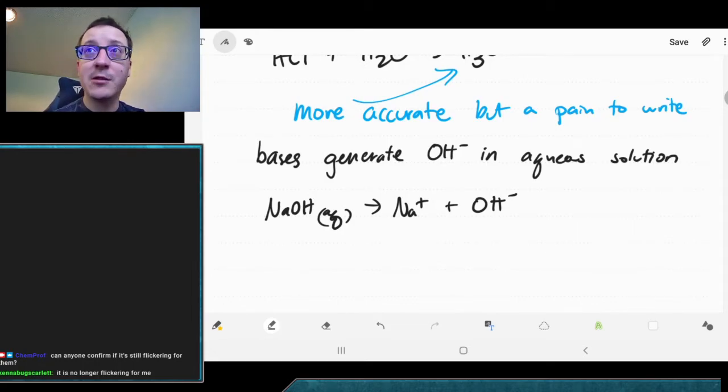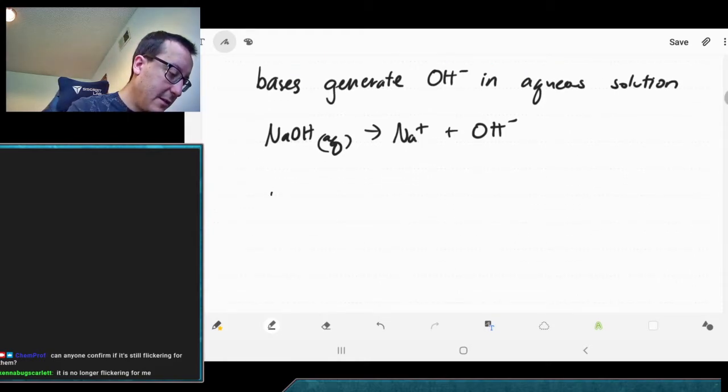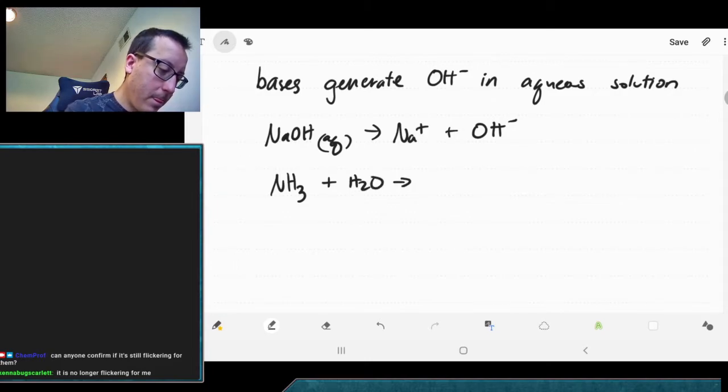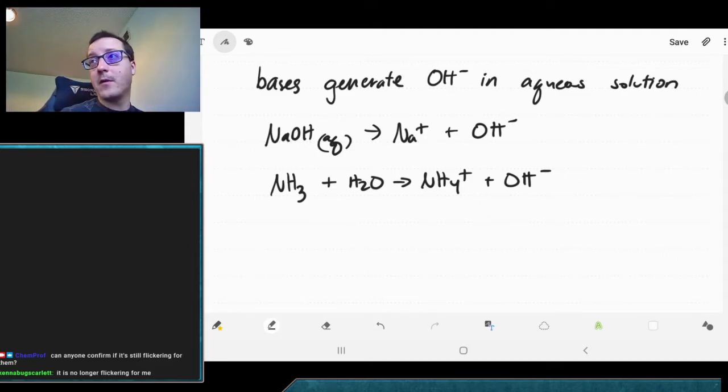So you're going to see that many of our hydroxides would fall under this base idea. But we're going to see others like ammonia actually generate OH minus as well. So something that doesn't even have OH minus as part of its identity can still form OH minus in solution.